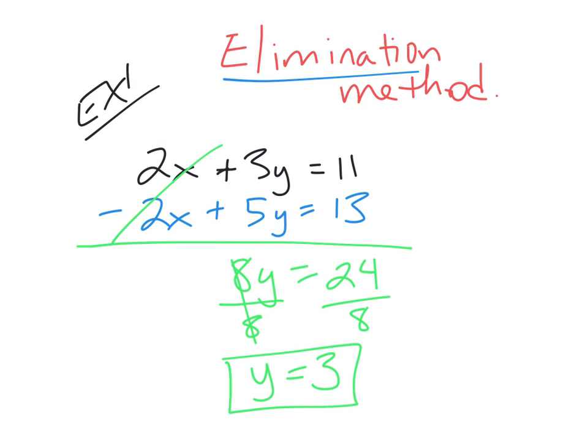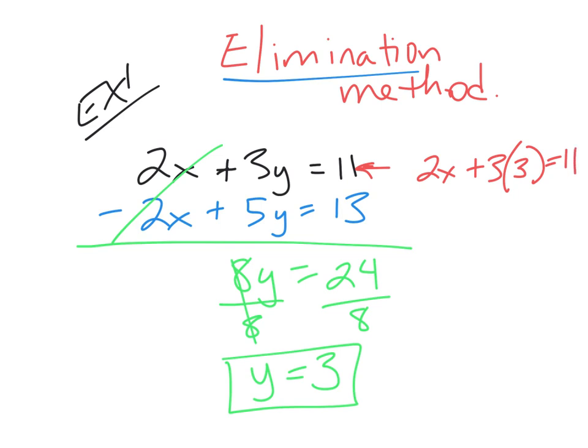Then all you have to do is grab that 3 and plug it into one of the original equations wherever the y is. I like working with positive numbers, so I'm going to put it in this top equation. So I'm going to say 2x plus 3, substituting my answer 3 for y, equals 11.